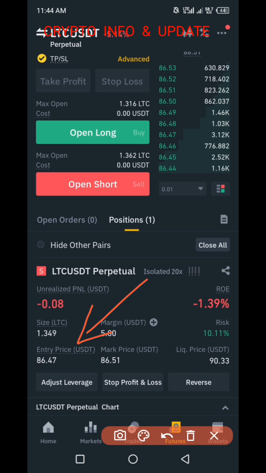What happened there is the initial entry price, which is entry one, and the latter entry, entry 2, being 86.53, both of them were collapsed together and divided by 2. So an average of the first entry and the second entry was taken as the new entry, or the existing entry, which you can see here as 86.47. Let me show you what I'm talking about.